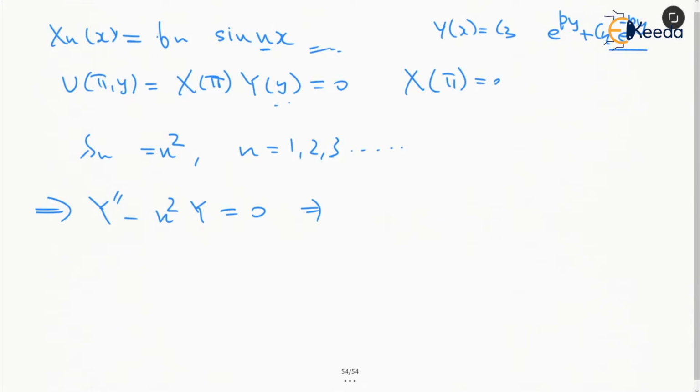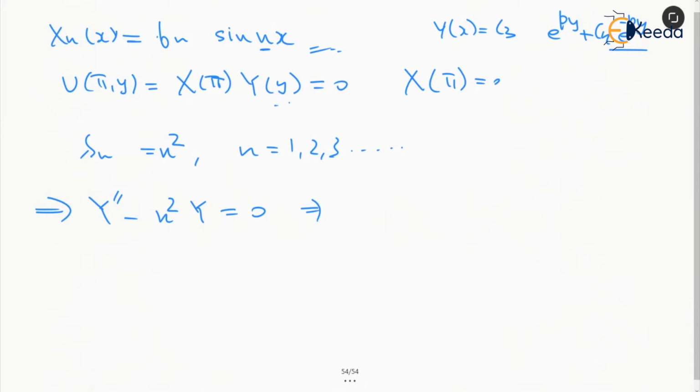So instead of taking e to the power py, e to the power minus py, we can also take these hyperbolic functions, that is sin hx or cos hx, right? Because e to the power x plus e to the power minus x divided by 2 will give cos hx, and e to the power x minus e to the power minus x divided by 2 gives sin hx. You can check the functions of sin hyperbolic and cos hyperbolic; that will help you.